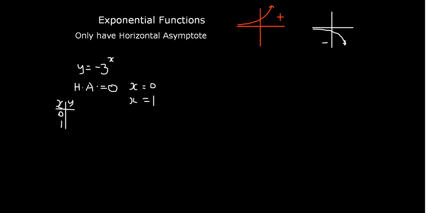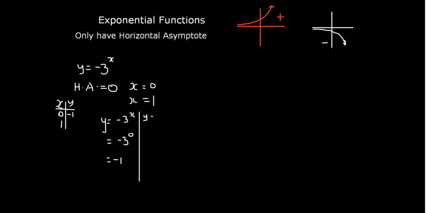Then we substitute these two input values into the equation to find the output values. y equals negative 3 to the power of x. Negative 3 to the power 0 will not be 1 in this case. Anything to the power 0 is 1, and in this case, it's negative 1. So here we've got negative 1.